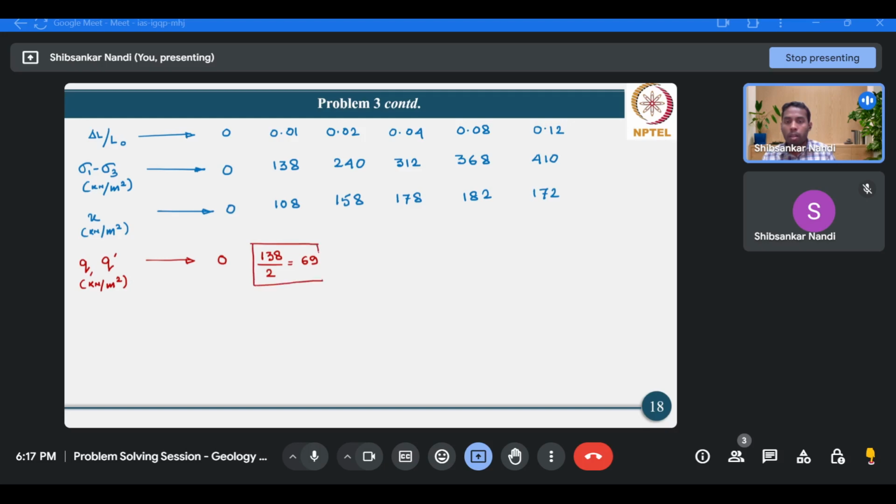This is a sample calculation. Then 240 by 2, 120; 312 by 2, 156; 368 by 2, 184; and 410 by 2, 205.